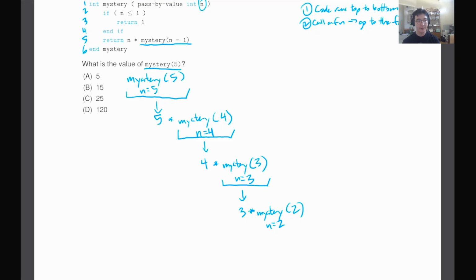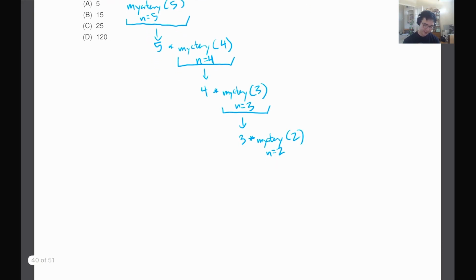So because the condition is false, I skip the if portion, go to line 5, and I return n times mystery n minus 1. Once again, I don't know what mystery n minus 1 is, so I'm going to put a bookmark there, and that is equivalent to returning n, which is 2, times mystery n minus 1, which is 1.